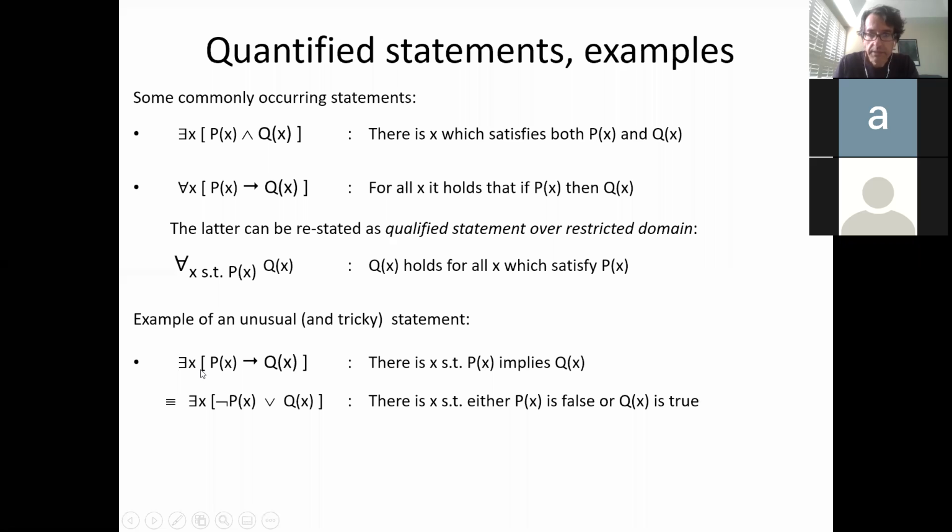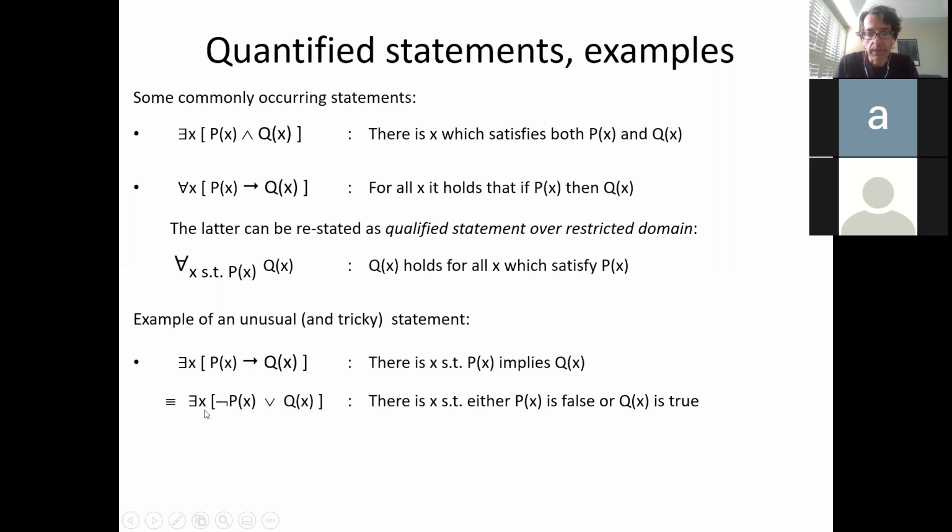Now, here is one way to quickly see what happens here. Rewrite an implication as a disjunction of the negation of the hypothesis and the consequent. So we know that to say that P of X implies Q of X is equivalent to saying either P of X is false or Q of X is true.